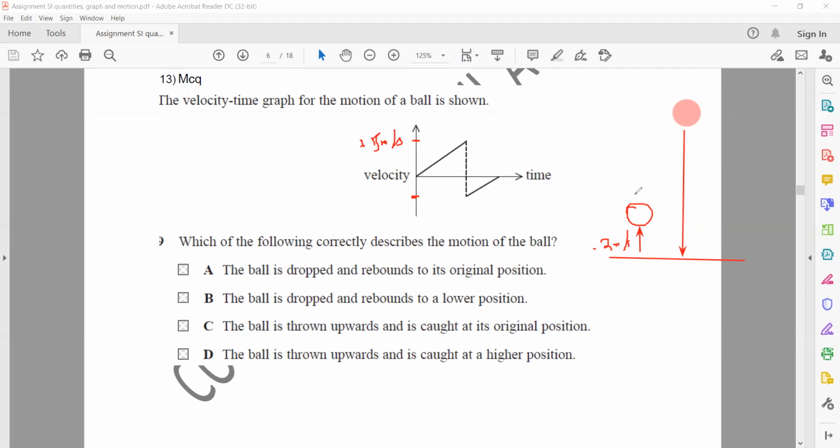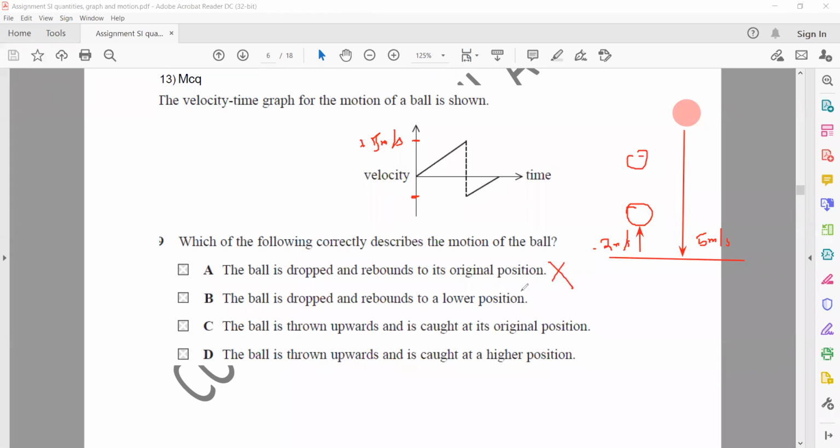That's not correct. Why does it not rebound to the original position? Because the speed at which it rebounds is smaller as compared to the speed at which it hits the surface. So it means it loses some of its energy during the impact. That's why it does not bounce back to the same height. It will bounce back to a lower height.